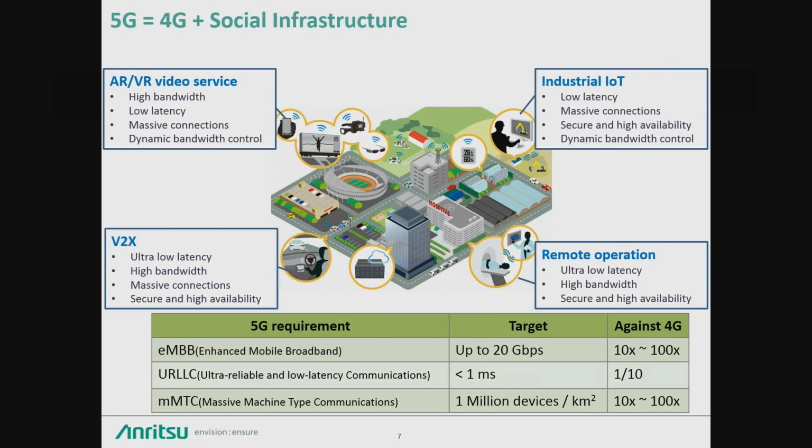So the augmented and virtual reality video service, I just described that application: high bandwidth, low latency, massive connections. But you'll also see industrial IoT. That's that smart manufacturing that I just talked about. Again, low latency, just like augmented video. Massive connections, just like augmented video. But they have another requirement: secure and highly available.